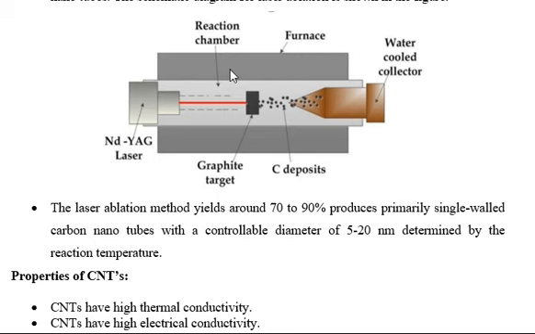A furnace is there to produce the heating effect. So with that heater and with the laser light, the total process will be under the water cooled collector, so that the water cooled collector will collect the carbon nanotubes.